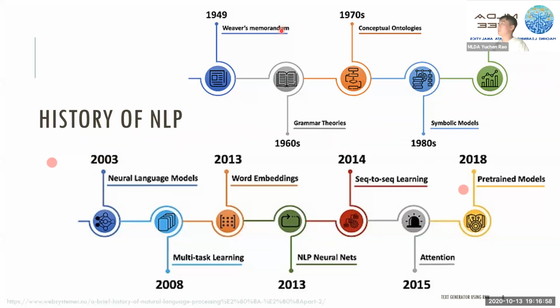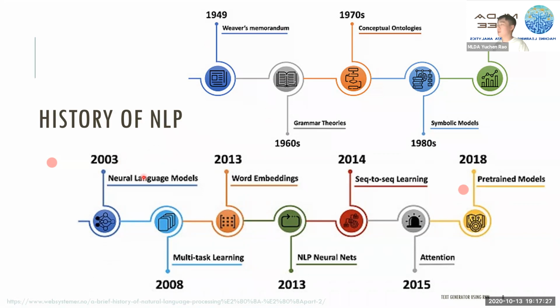But due to limited resources, including text resources and computational resources, it was not easy to realize. After 40 or 50 years, they finally found a way to use symbolic models or statistical models to do some text processing.